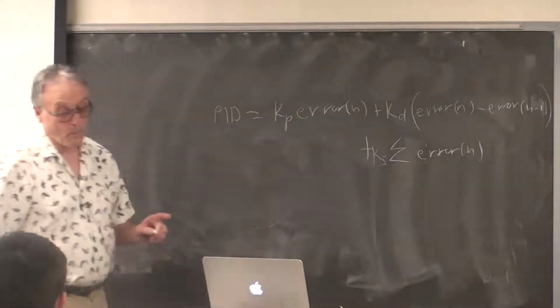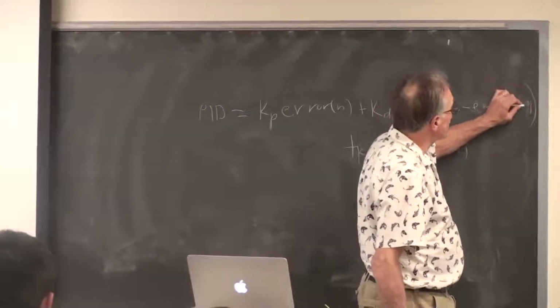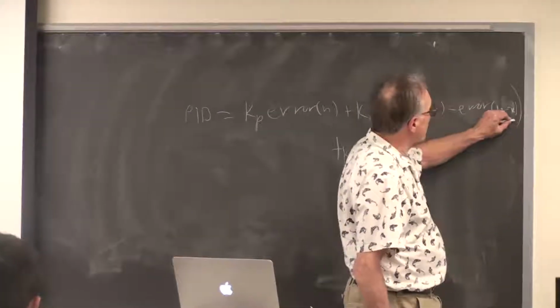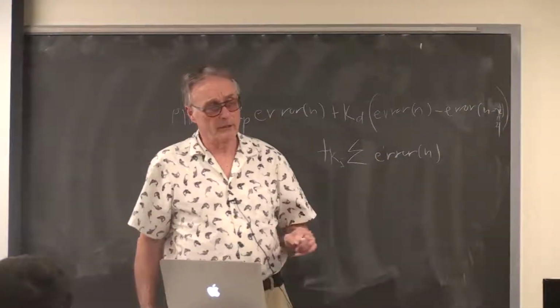I actually didn't use n minus 1 here to calculate the derivative, but rather 4, x equals 4. And I'll tell you why in a minute.